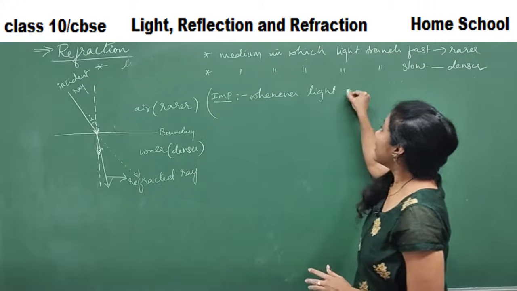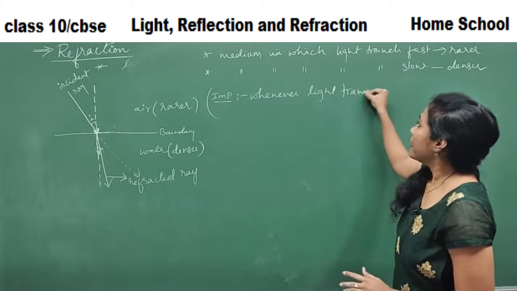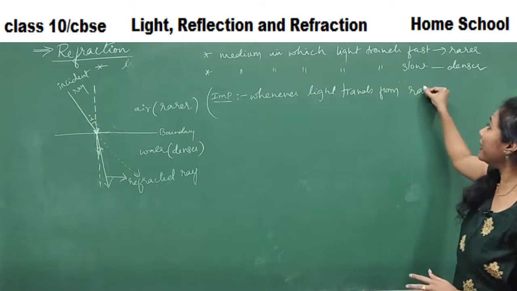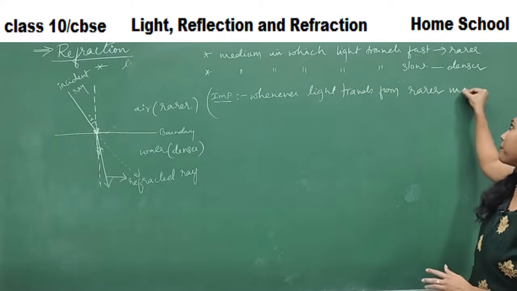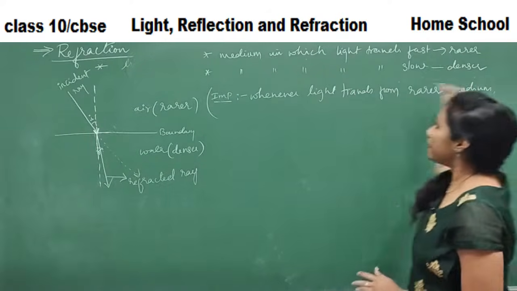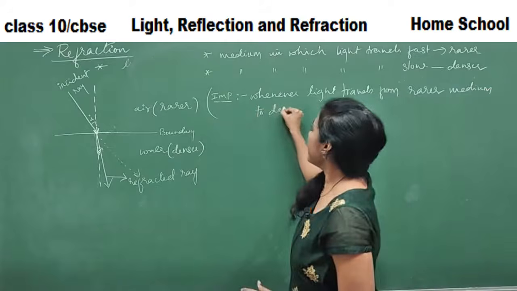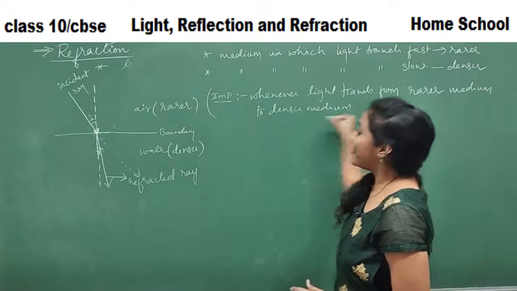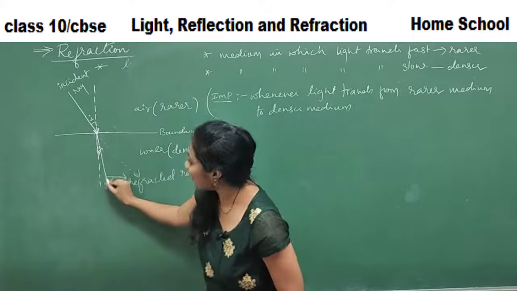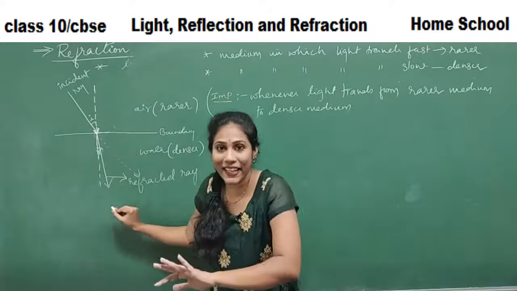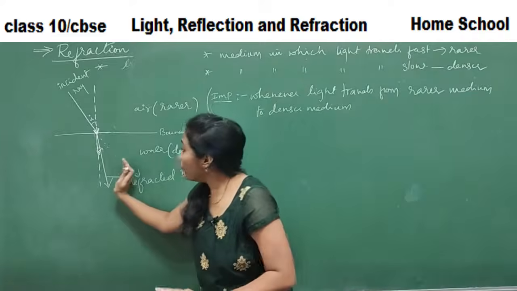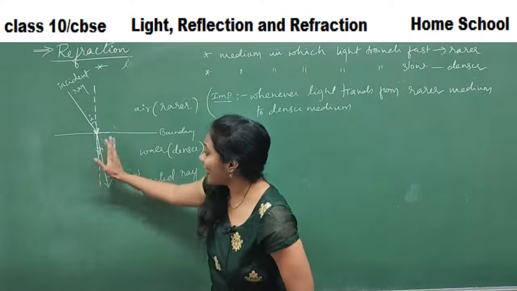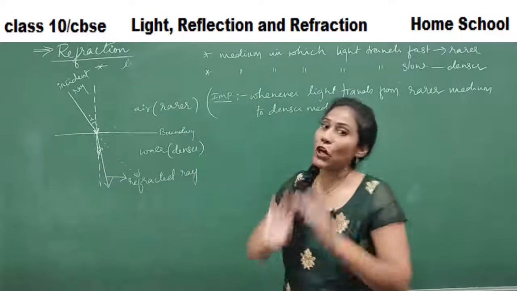So whenever light travels from rarer medium to denser medium, you know what happens? The refracted ray, the bent light ray, moves towards the normal. The refracted ray bends towards the normal.